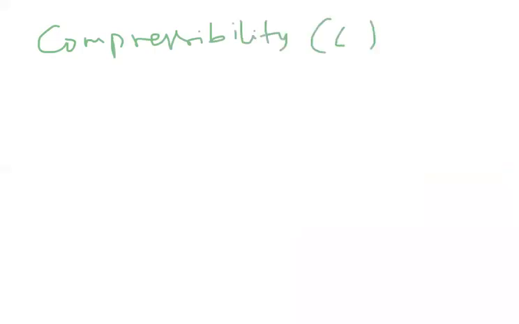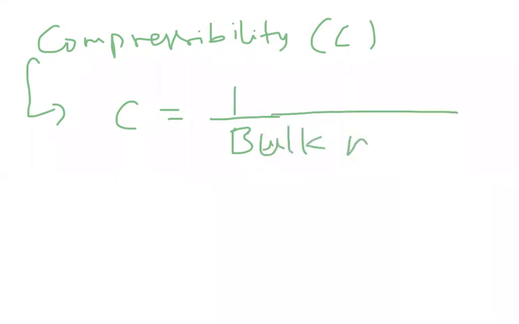Suppose, for example, I am taking one term called compressibility, let me denote it with C. Compressibility is nothing but the reciprocal of bulk modulus. Bulk modulus is not exactly pressure, but its dimensional formula is the same as pressure.